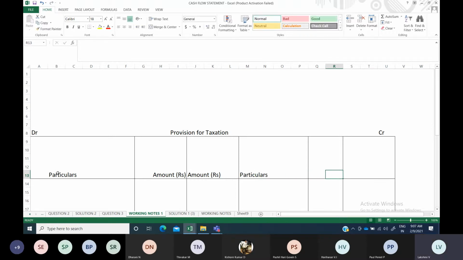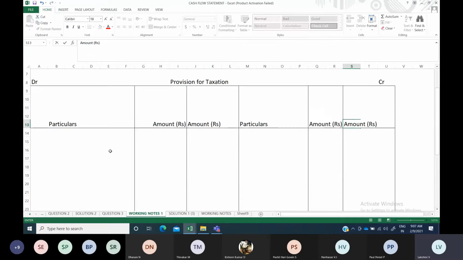On the right-hand side, in the same way, you'll be having a particulars column and here also an amount column. So you have to adapt this format.